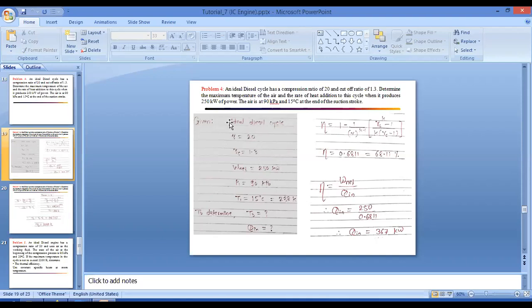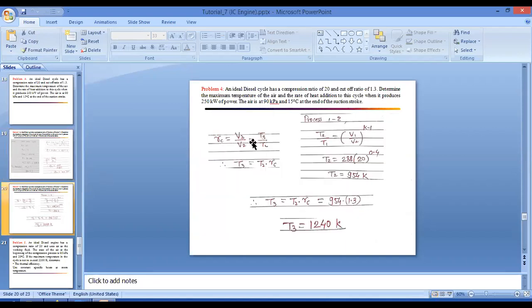Okay. So with the help of these given values, how can we calculate the value of temperature T3? See, with the help of the value of cutoff ratio. What is cutoff ratio? V3 by V2 as well as T3 by T2. If we use the ideal gas equation of air for the process 2 to 3, you will find out that T3 by T2 and V3 by V2 are the same for the constant pressure process.